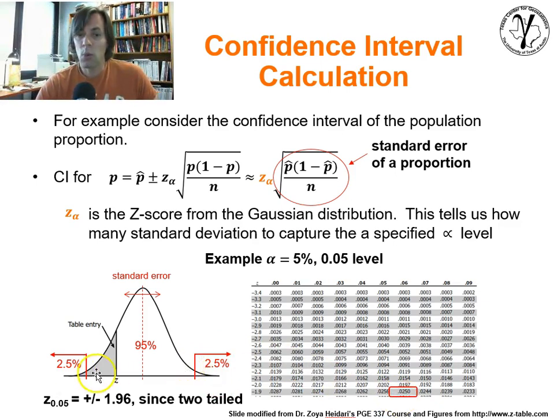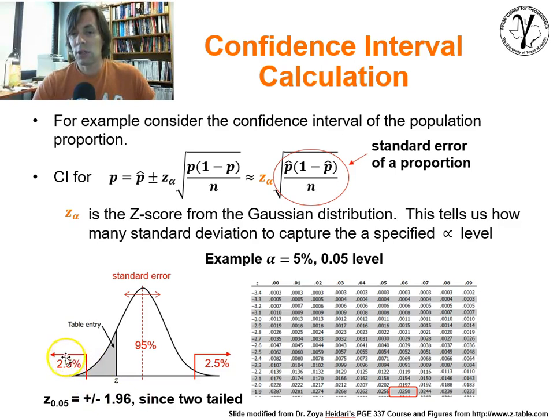And so in our case, we want to look up the 0.025, and if we do that, we find it right here in the table. And so what it tells us is that the z-score will be negative 1.9, but the table provides a little bit more precision. If you look up at the columns, it gives us the second decimal. So we know what we're looking for is negative 1.96.